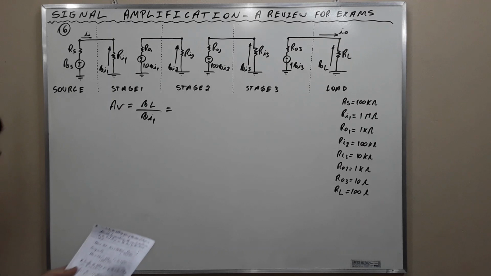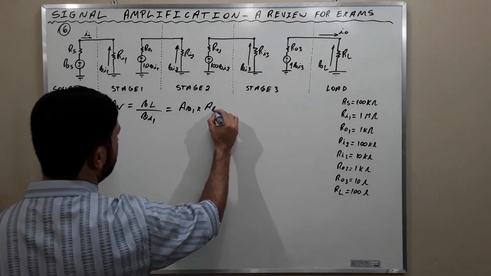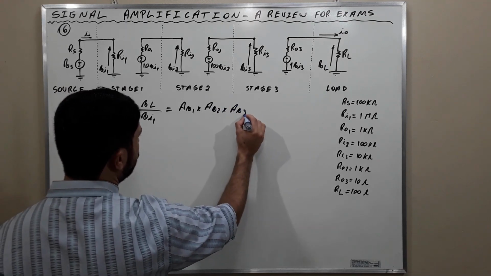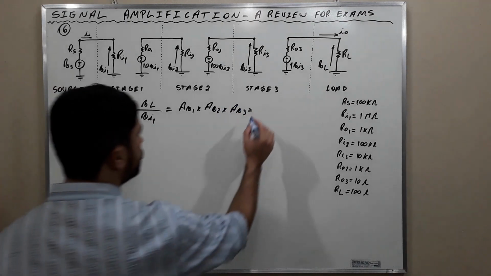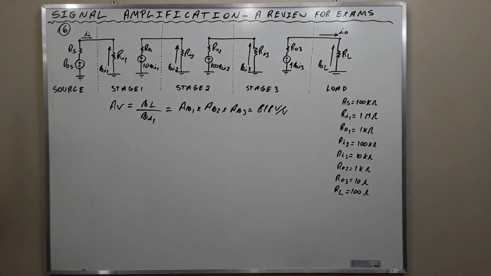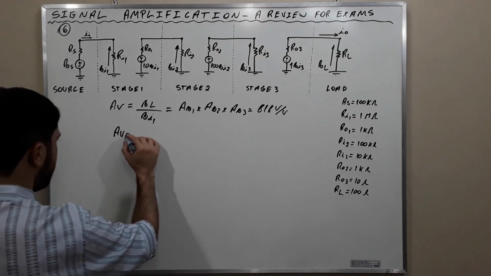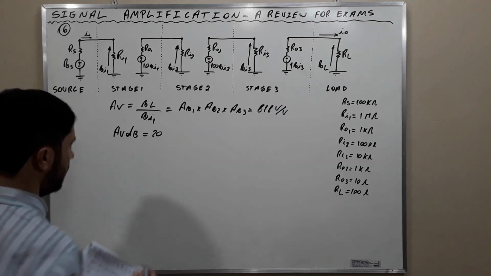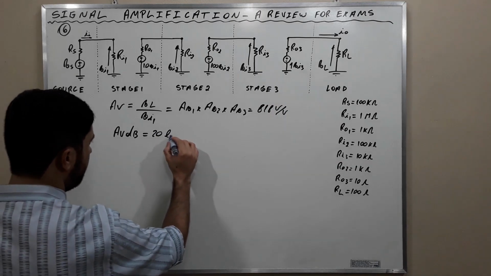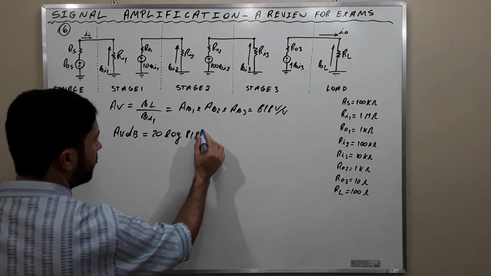The internal voltage gain is going to be AV1 times AV2 times AV3, and this is equal to 818 volts per volt. All right, which translates to a gain in decibels, AV in decibels, by multiplying 20 times the logarithm of this.